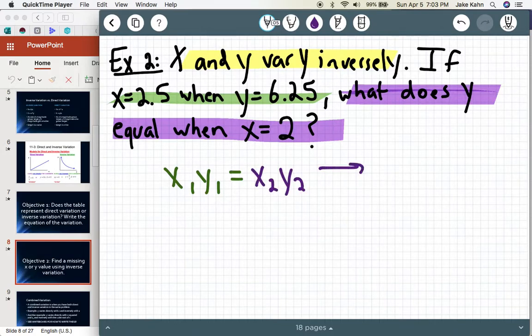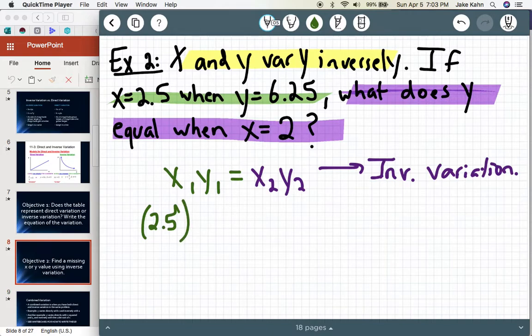This is always true for inverse variation. In this problem, what's in green is our first x and y, so we are going to write 2.5 times 6.25 is equal to, now I'm going to purple, x2 is 2, and y2 we don't know. And now we just got to solve for y2.